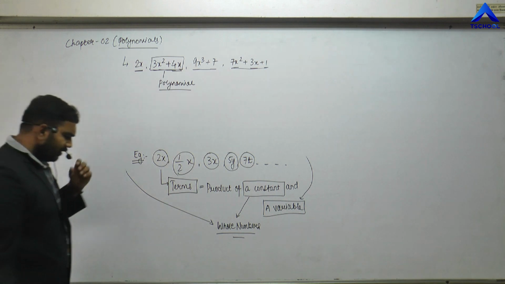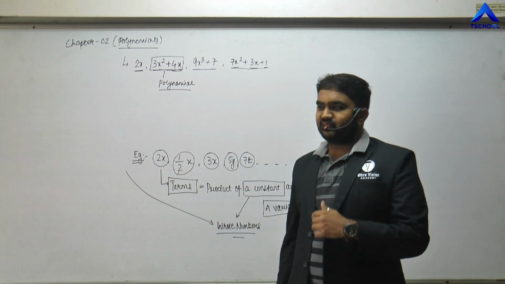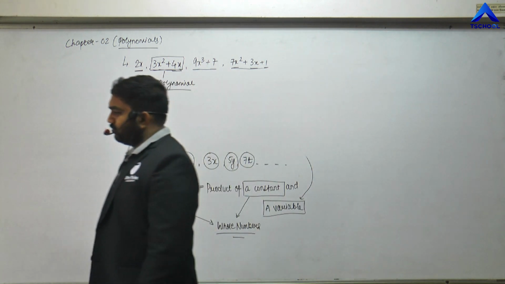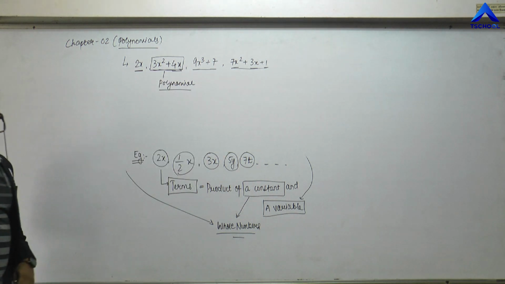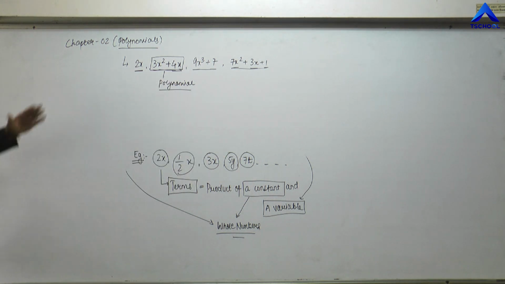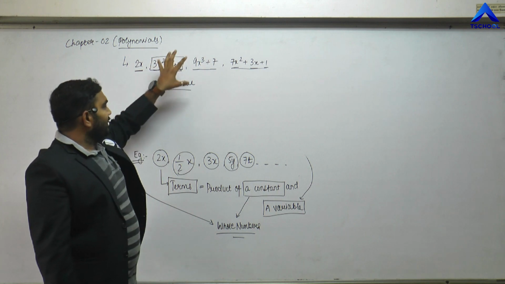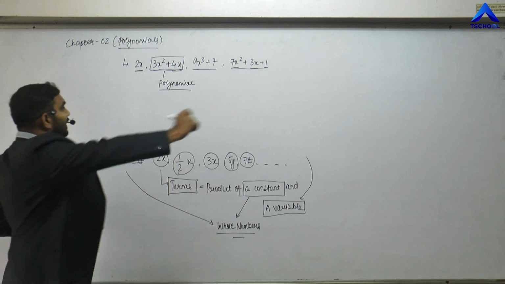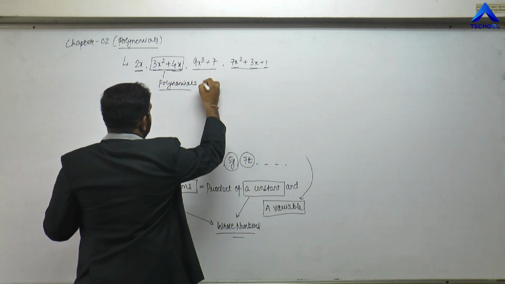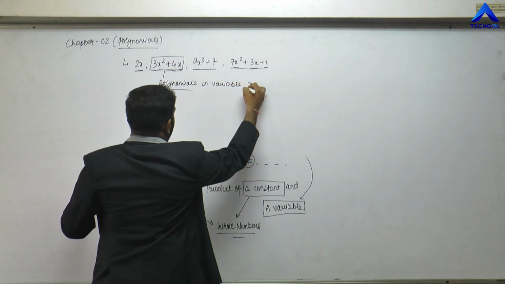Now again, what if I am asked to find out the polynomial in which variable it is given? So friends, here these polynomials are all expressed in the variable x. See, 2x is associated with the variable x. This polynomial is associated with the variable x, this is also with x, and the last one is also with x. So these are all the polynomials in variable x.